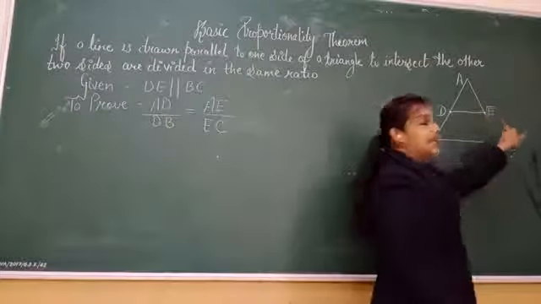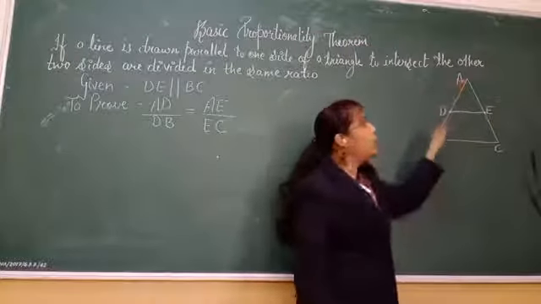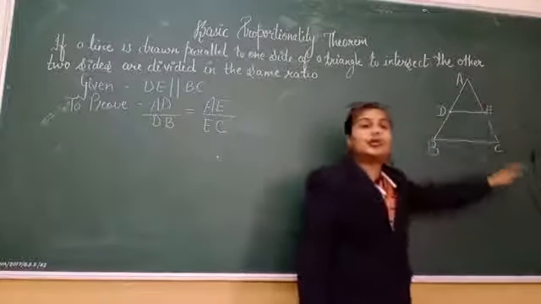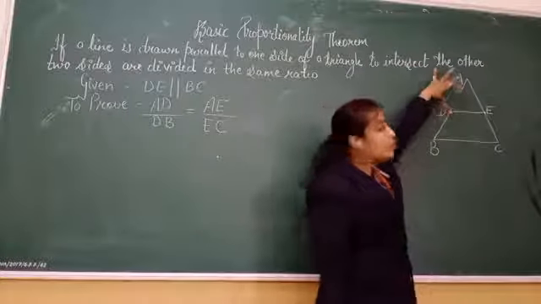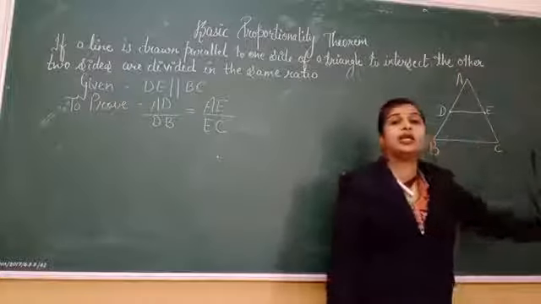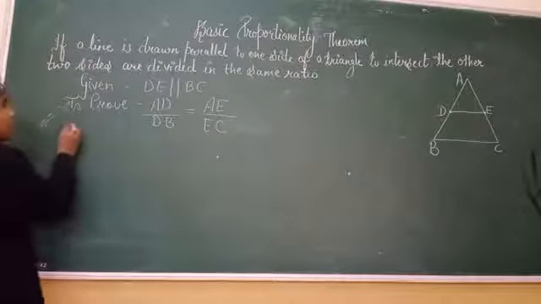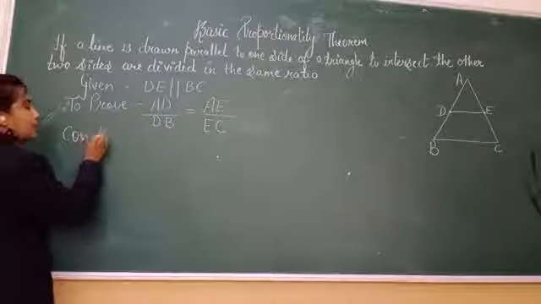These two points intersect the sides in equal ratio. This is what we have to prove. Equal ratio means AD upon DB becomes equal to AE upon EC. Now, to prove it, first of all we will do a construction.